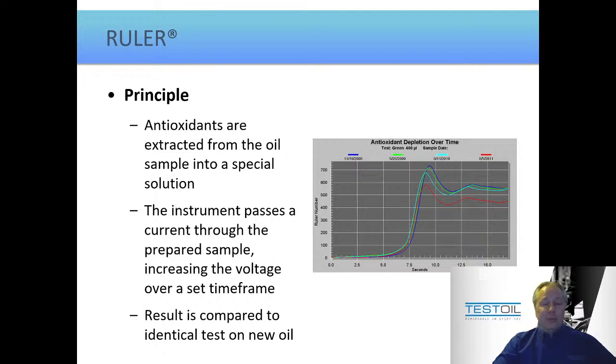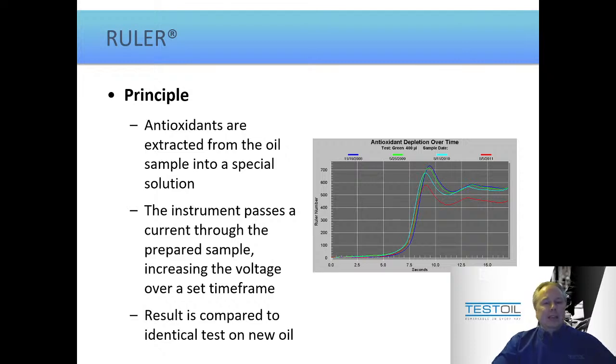So the output that we get is a voltammogram, which is like the picture you see here. And we will see one or two peaks appearing depending on the type and style of these antioxidant additives. Predominantly, most oils contain either an aminic or a phenolic antioxidant, but some oils do contain both.